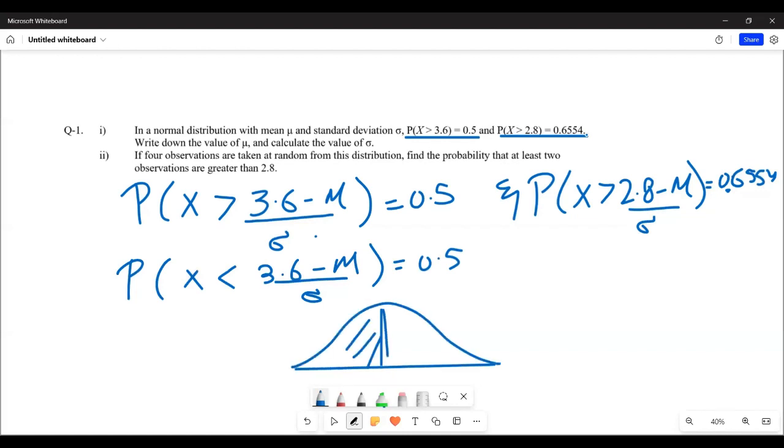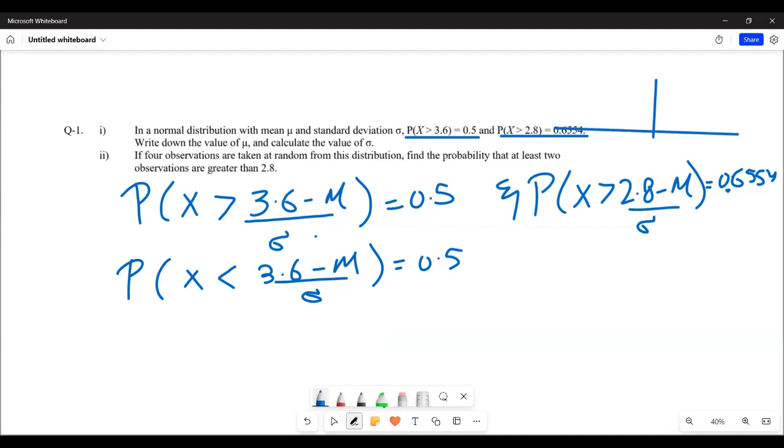The left probability or the right probability is 0.5 because the total probability is 1. So if greater than a value is 0.5, then less than the same value would also be 0.5.